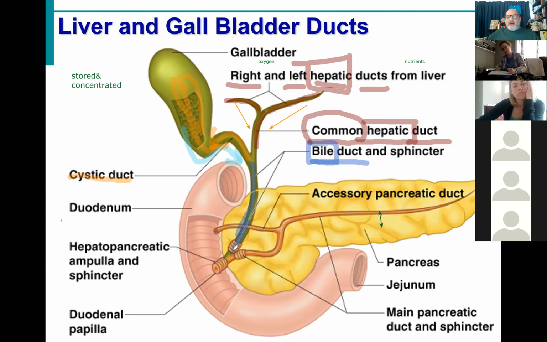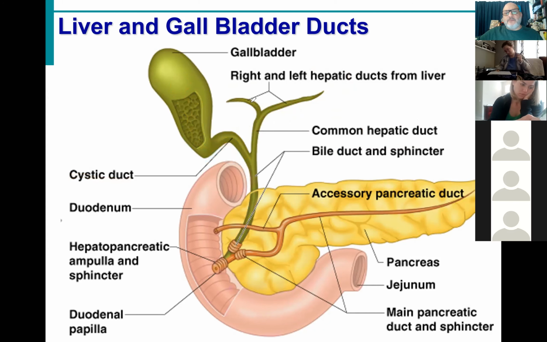And it is that bile duct that, as we talked about, feeds into the hepatopancreatic ampulla through the hepatopancreatic sphincter, out the duodenal papillae into the small intestine. So notice 1, 2, 3, 4, 5 different ducts named precisely by their function.